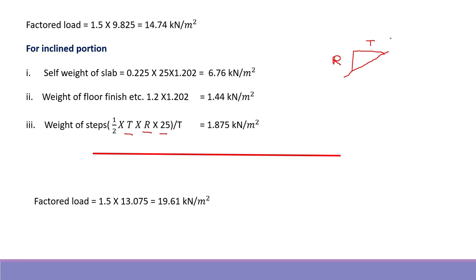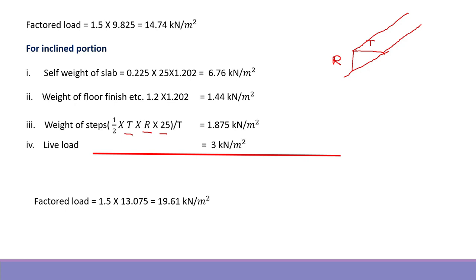Why? Because if we consider the length as 1 meter here, the total load upon this horizontal portion will be half base into altitude into 25. And if you divide it by the length or the tread of the staircase, you will get the UDL coming on that portion only.